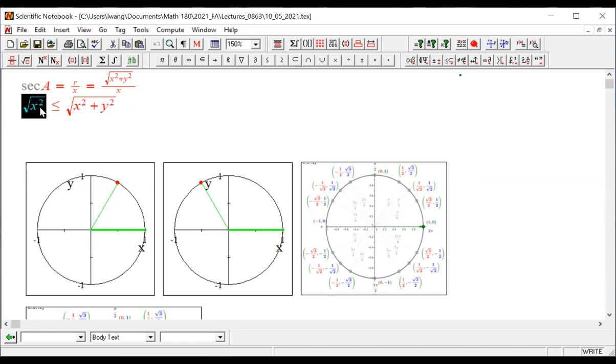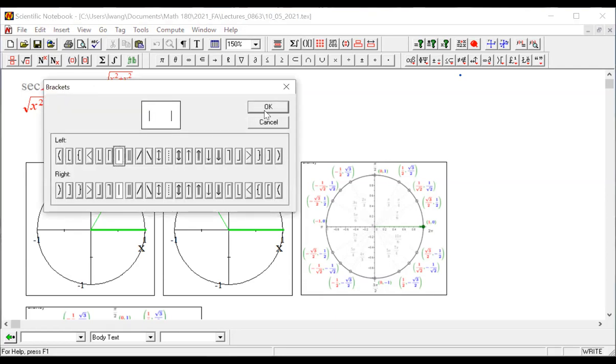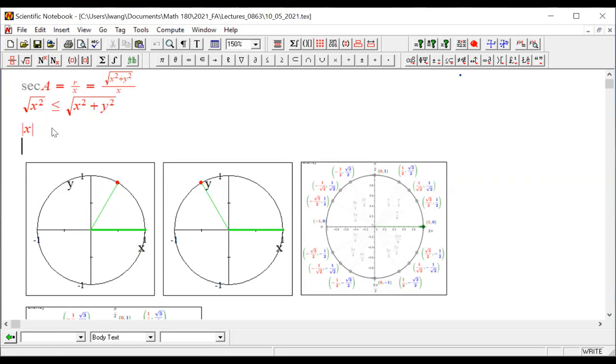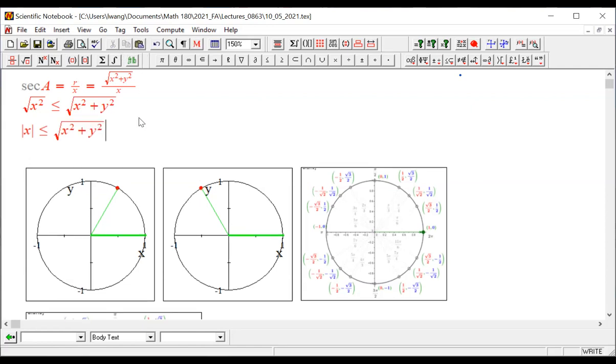The square root of x squared is less than or equal to x squared plus y squared taken square root. Do you agree with that? If we agree with that, what does this guy equal to? It equals the absolute value of x.